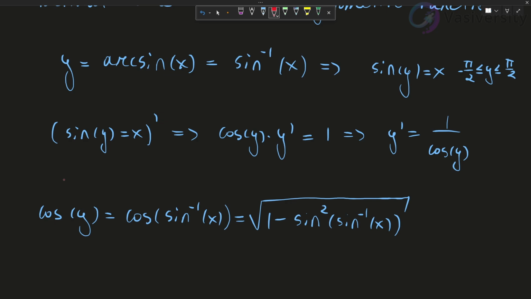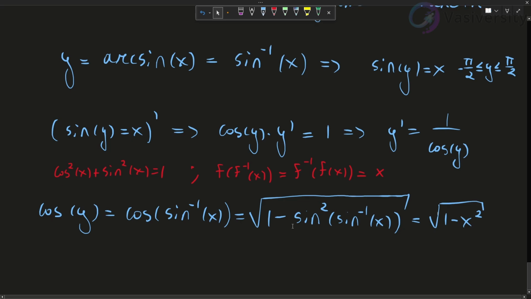Remember, cosine squared x plus sine squared x is equal to 1. And remember, f of f inverse of x is equal to f inverse of f of x, which is equal to x. So here sine and inverse sine cancel out, and we are going to have the square root of 1 minus x squared.